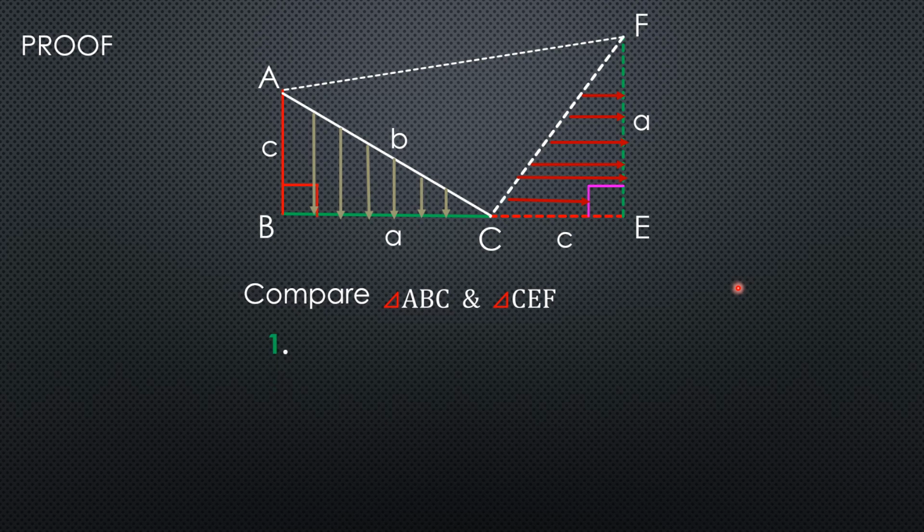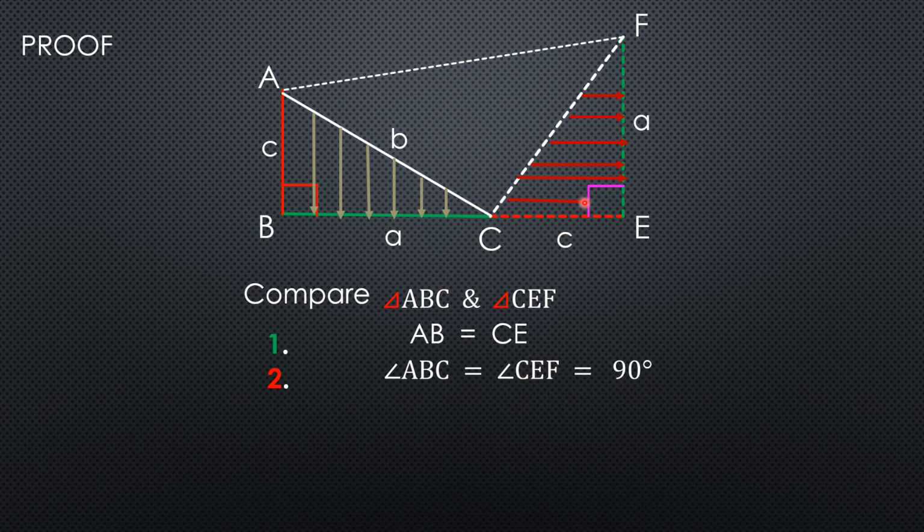So the first point is this: AB is equal to CE. So the lengths of AB and CE are equal because of our construction. Point number 2 is, can you tell me which is the point number 2? Yes, angle ABC is equal to angle CEF is equal to 90 degrees.